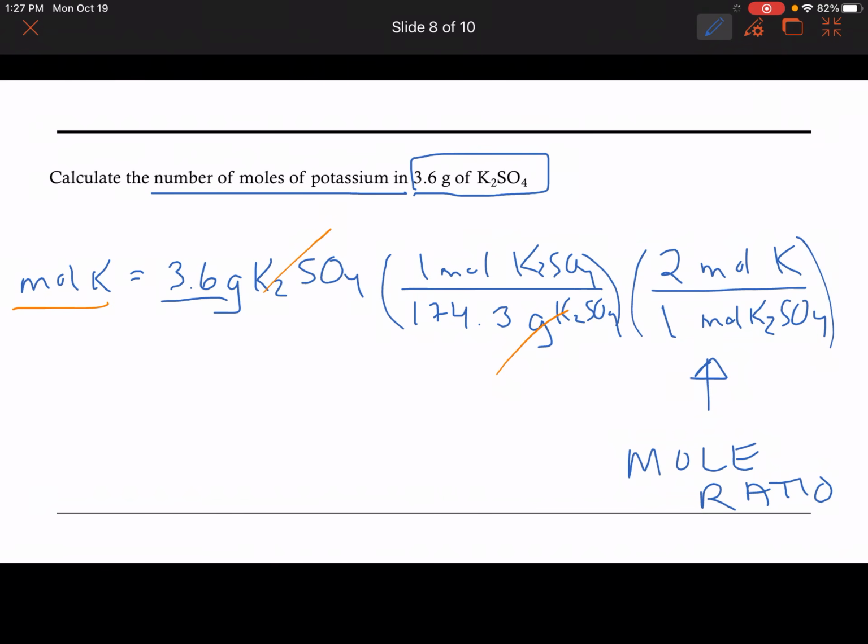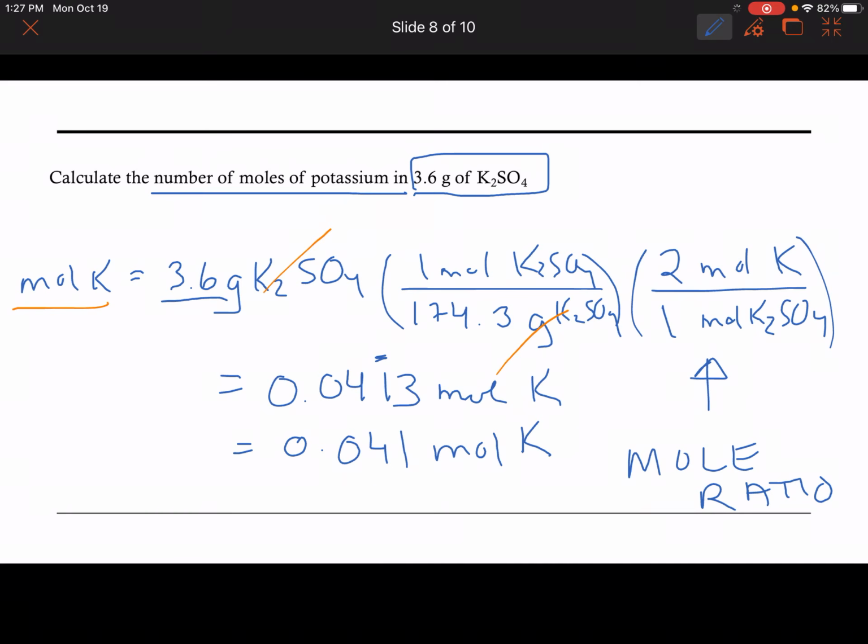And if you do the math on this, you end up with a value of 0.0413 moles of potassium, but I can only have 2 sig figs. I'm going to put the bar over there, or just round that to 0.041 moles of potassium. Okay, and those are all done the same way.